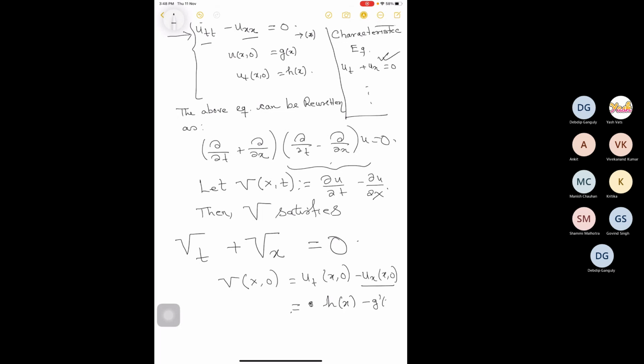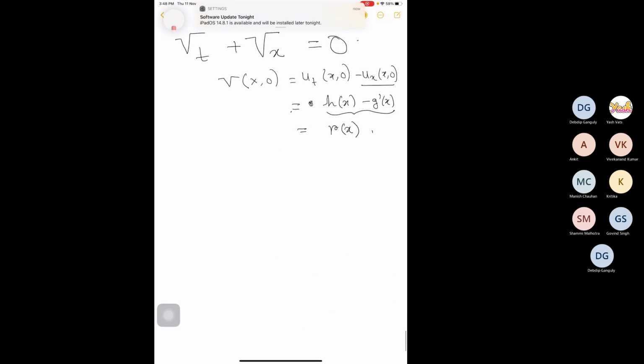Now write down this new function r(x). So now v satisfies the equation v_t plus v_x equal to 0 and v(x,0) is some function r(x). I know what explicitly r(x) is. Your domain is R cross (0, infinity).